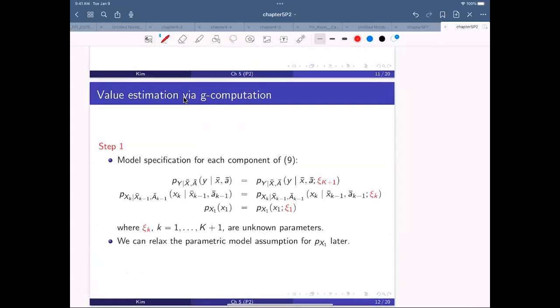To do that, we first specify the model. For model specifications, we have a marginal density of x1 with the parameter c1, and then sequentially we have a conditional model, which basically is your decision, your potential outcome for xk.